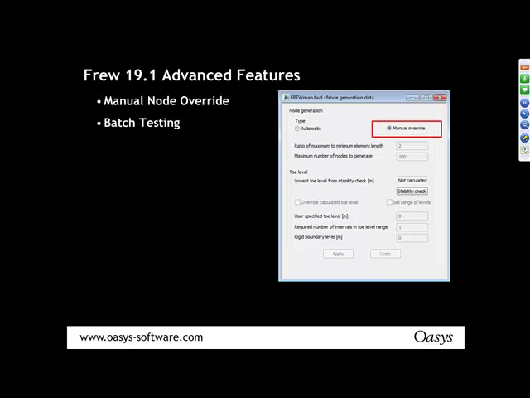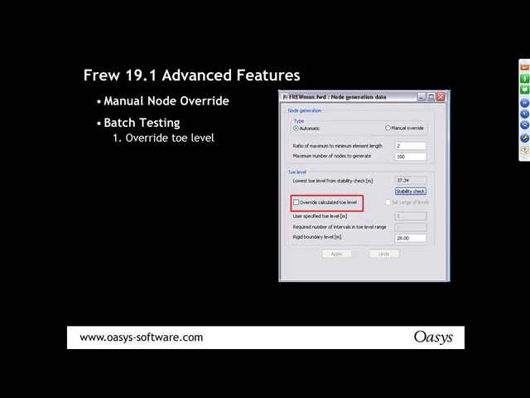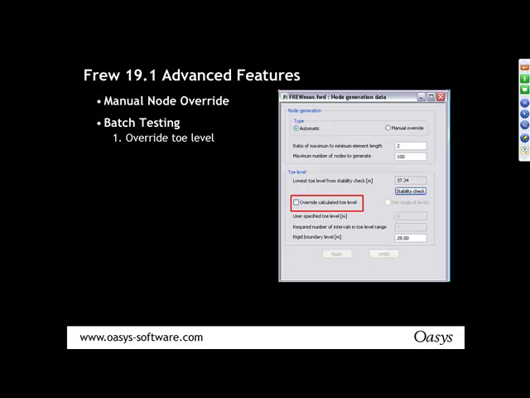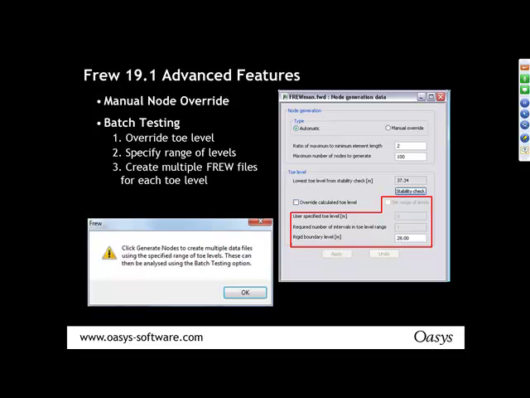Maybe, for example, you're doing a comparison with a ULS analysis, or maybe you just want to see a slightly cheaper alternative. So instead of going back into Frew and creating more and more files, Frew allows you to create a number of files from this one process of overriding your initial toe levels, specifying a range of levels, and creating multiple Frew files. For those multiple Frew files, you can look at the performance of the retaining wall at different toe levels. So it's a very strong feature.